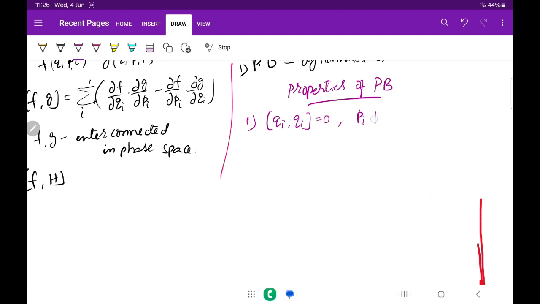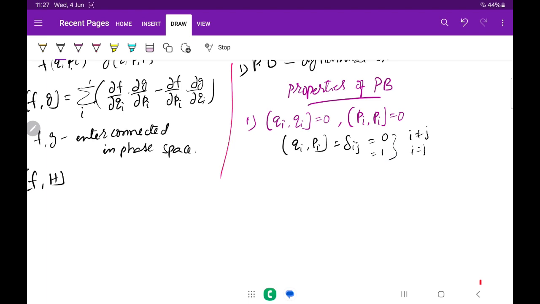Similarly, [pi, pi] is 0. Here pi is momentum and qi is position. So the Poisson bracket of the same parameter will yield 0. And the Poisson bracket of different parameters, [qi, pj], gives delta ij. It will be 0 if i is not equal to j and 1 if i is equal to j.